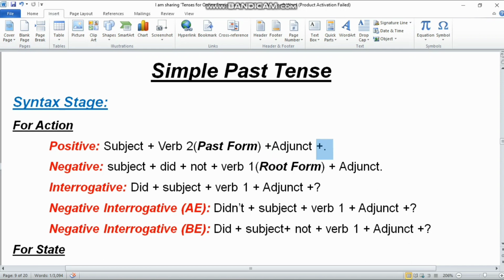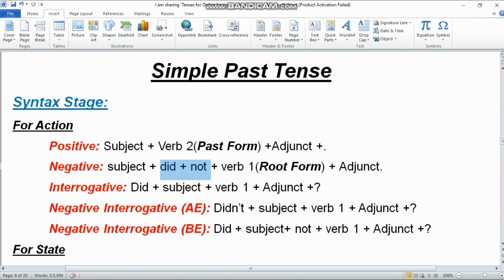To make the sentence negative, we use the negative adverb along with did, which is the second form of do auxiliary. Do or does. These two auxiliaries are used in simple present tense according to the subject.